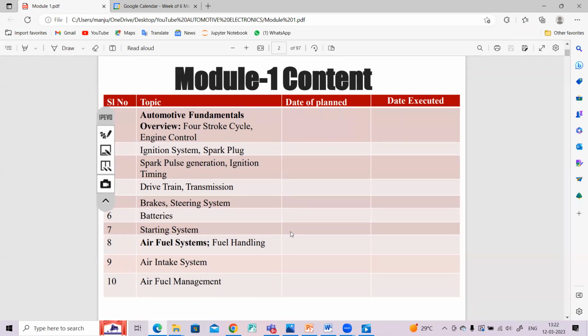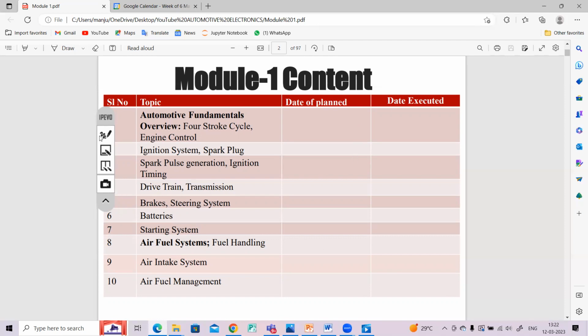Here we are going to discuss in depth the content on the automotive fundamentals overview along with the air-fuel systems. Okay, it contains 8 hours of duration to complete this, and I have framed it to complete in 10 hours. That is with respect to the date planned and the date executed.